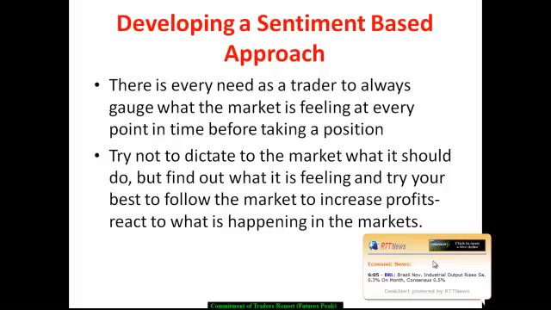Then how do you develop a sentiment-based approach in trading? Well, there is every need as a trader to always gauge what the market is feeling at every point in time before taking a position. Try not to dictate to the market what it should do. As newbie traders, even intermediate traders, we have been very guilty of this.